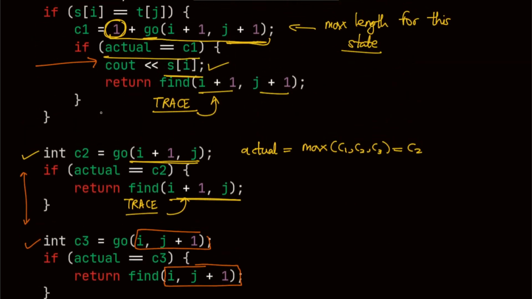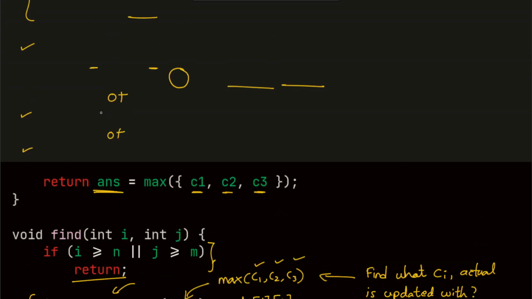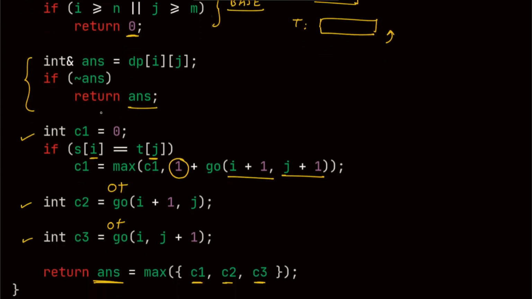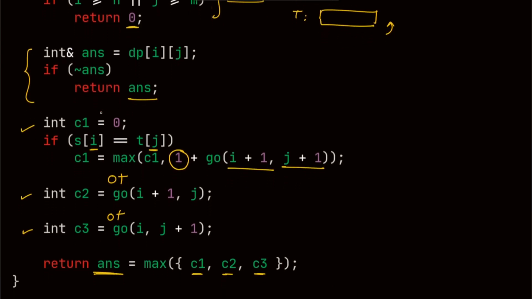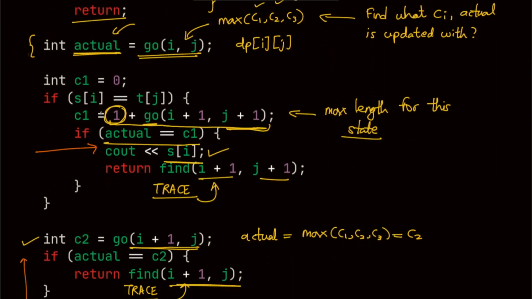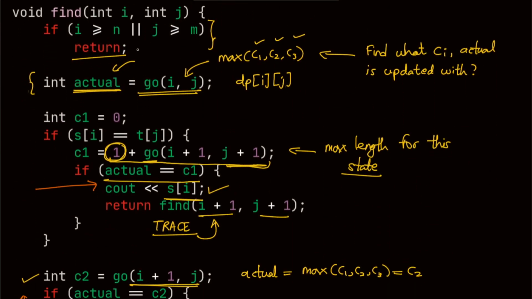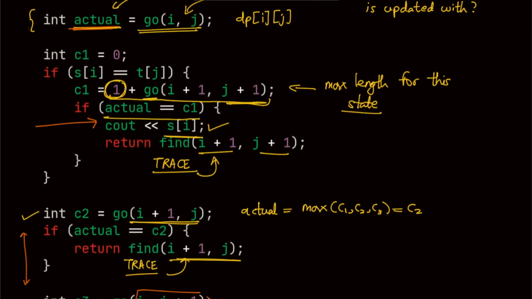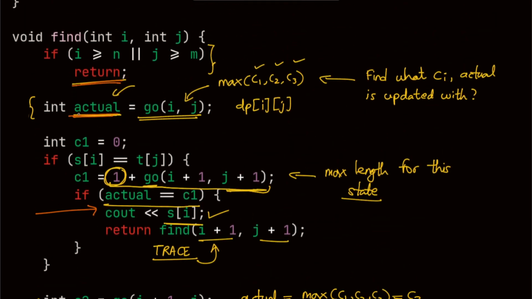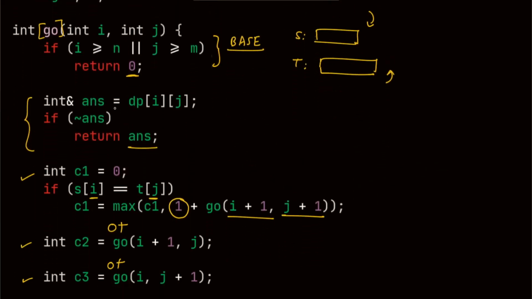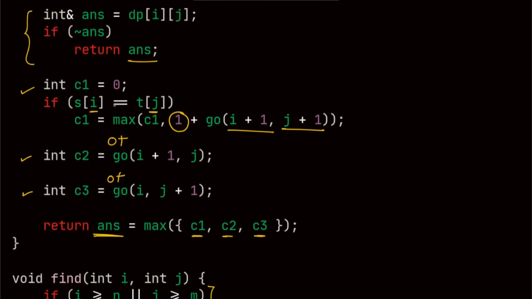So if I had to summarize this, you need to first of all clone the main recurrence function as it is, separate out the terms for each of the choices c1, c2 and c3, and convert the base condition to return from a base condition. Then you need to find out what was the actual answer for this particular state, considering all the choices, which are the same as they were present in the main evaluation function.